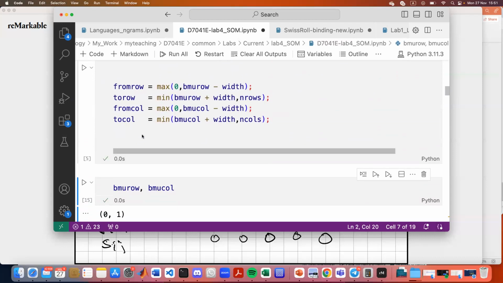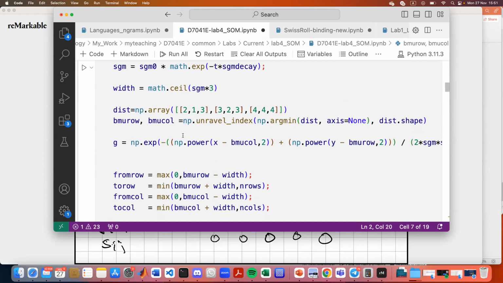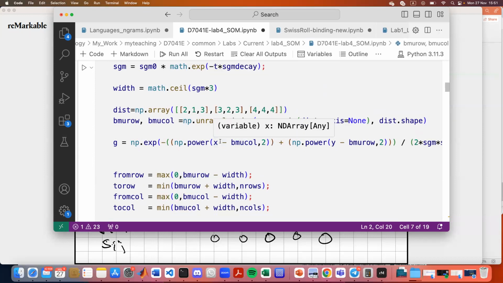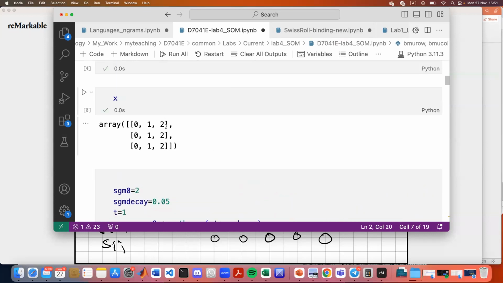So what do you do next? You determine this index for the best matching unit, and this X matrix. Let me see. So this is X. So these are all the indexes in your topology.